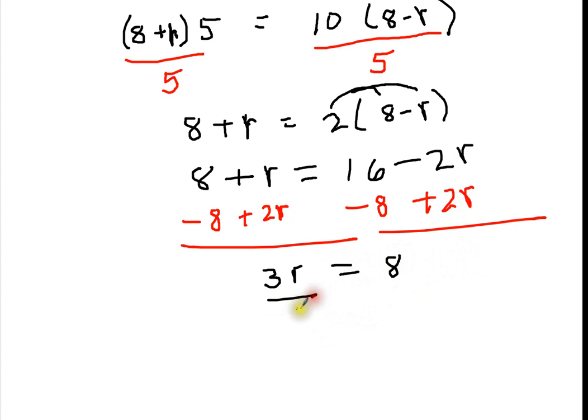And if I just divide both sides by 3, I get my final answer of r is equal to 8 over 3. And the units there are kilometers per hour.